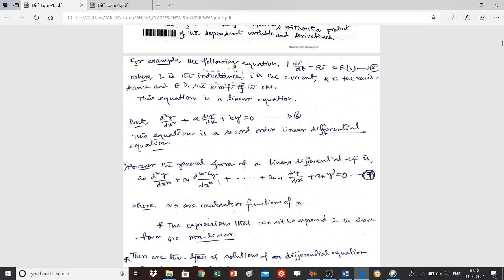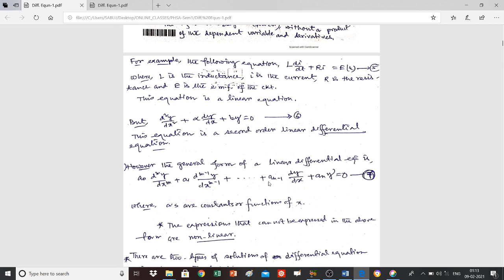However, the general form of a linear equation can be represented as this relation, that is a0 d to the power m y by dx^m plus a1 d to the power m minus 1 y by dx^(m minus 1) plus etc. In this way, this term is a(n minus 1) dy by dx plus an y, that is equal to 0. So here for all these cases the power of the highest derivative or all the derivatives is 1.